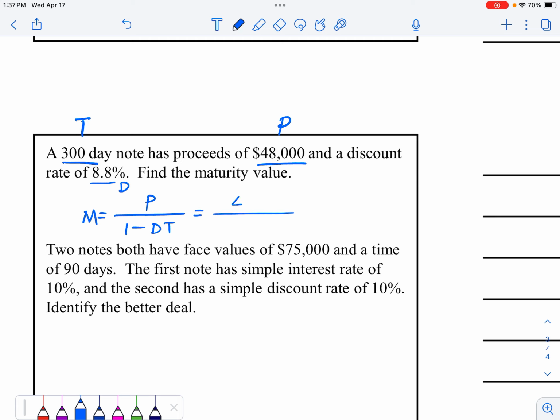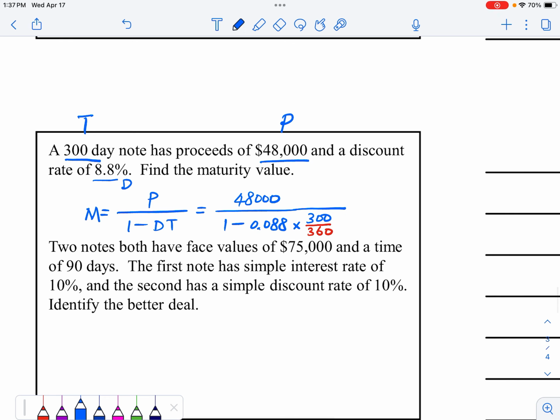And P is 48,000. 1 minus the D is 0.088 times the 300 days. I hope that I have repeated enough times so that you do not forget to convert the time into the year.